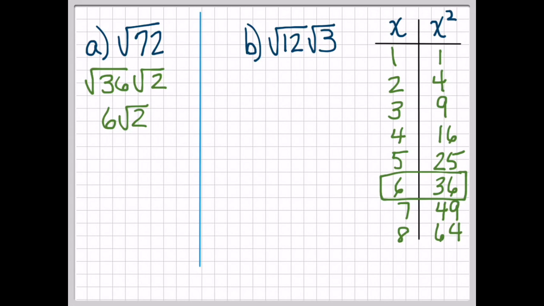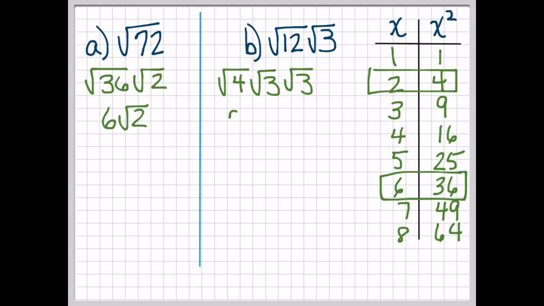Alright, so if we try it again for b, I have two separate square roots here, but they're being multiplied. So I can break them up individually if needed. Square root of 12. Well, looking again, 4 is a factor of 12. So this will get broken up into the square root of 4, square root of 3, and then I also have to bring down that last square root of 3.